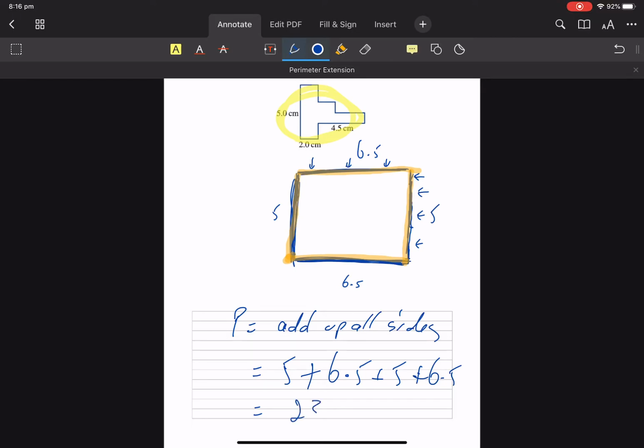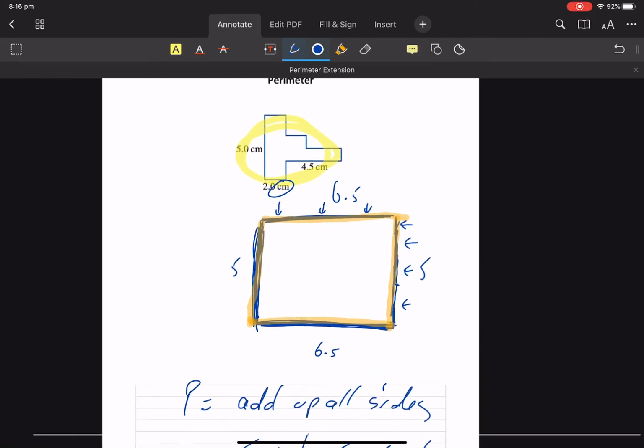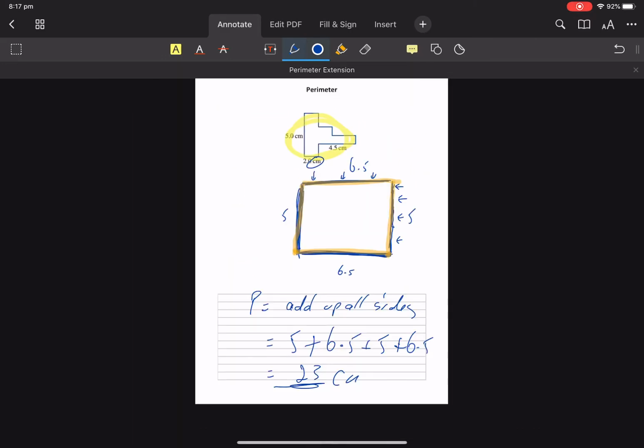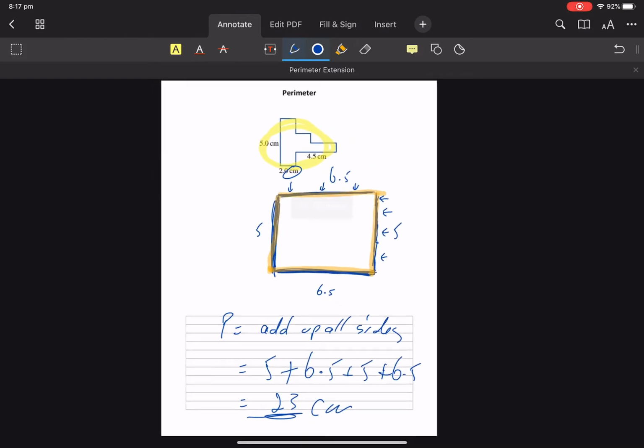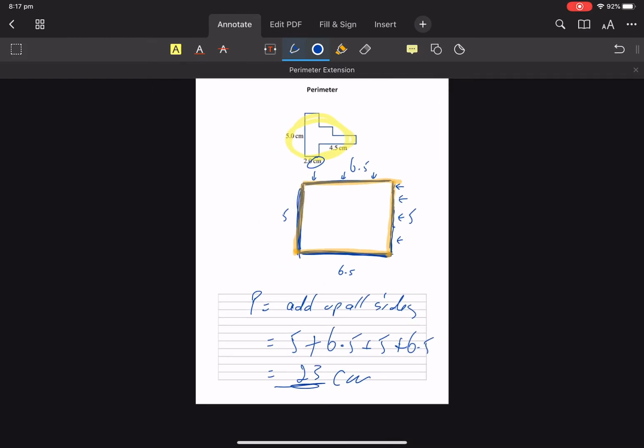I should have done that in my head, shouldn't I? 23, and they are centimetres. 23 centimetres.